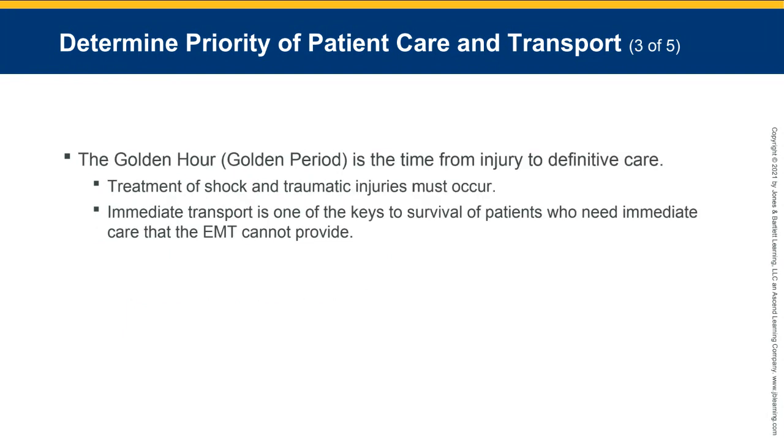The golden hour or golden period. This is the time from injury to definitive care. The treatment of shock and traumatic injuries must occur within this period. So ideally, we want that to occur within 1 hour.